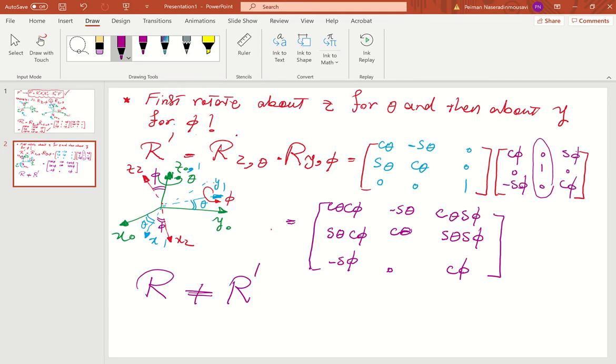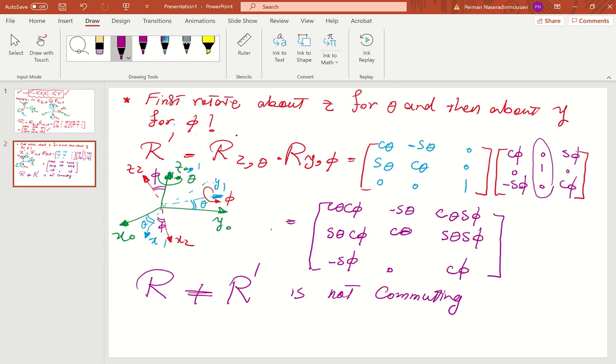If you reverse the direction of the rotation, you don't get the same result, meaning that the rotation is not commuting. That's right. You cannot reverse the order of the rotations and get the same result. This is a point that you have to notice, right?